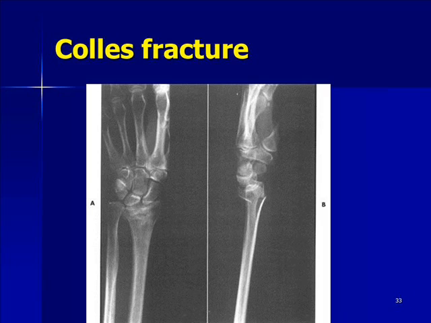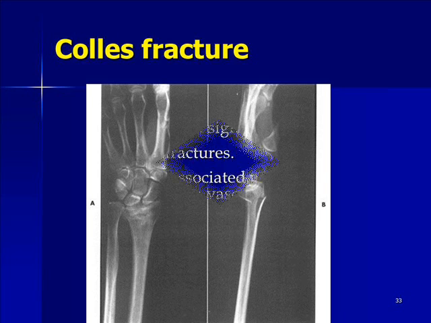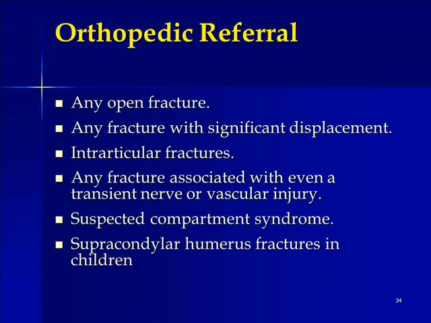This X-ray shows a Colles fracture, which results in a dinner fork deformity. It's a common fracture in the elderly, especially women, and results from a fall with an outstretched arm.